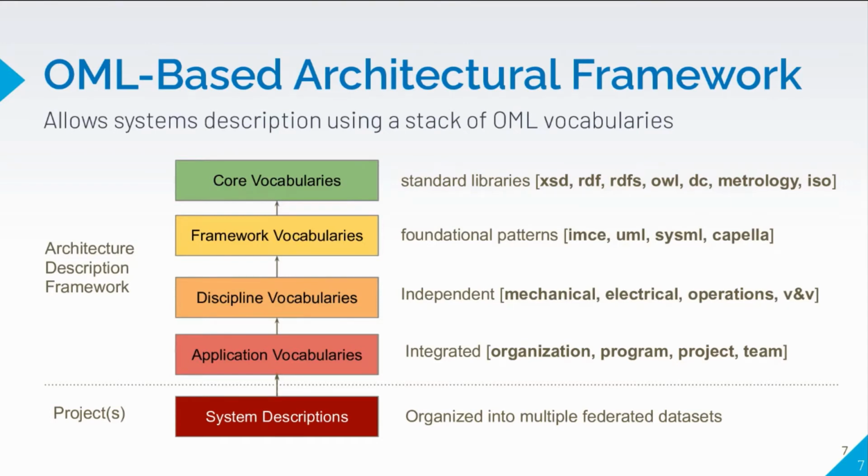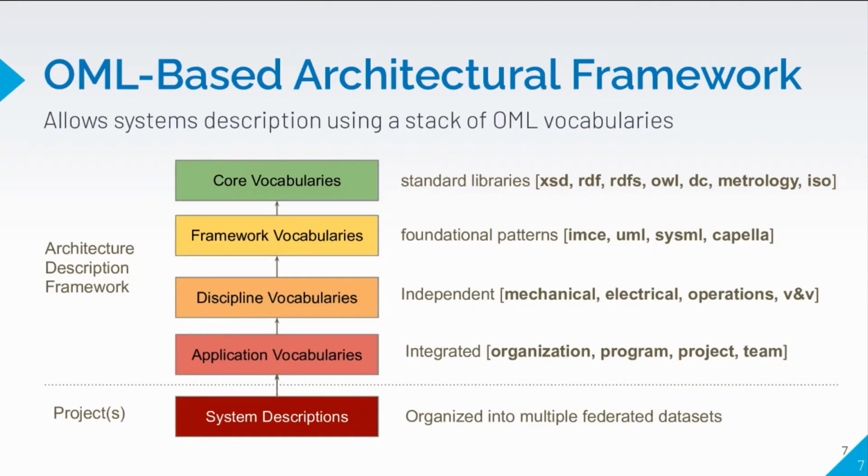Next, you define the framework or the foundation design patterns for your methodology. And here you can define your own foundation or use one of the standard foundations out there like UML, SysML, Capella, and others.